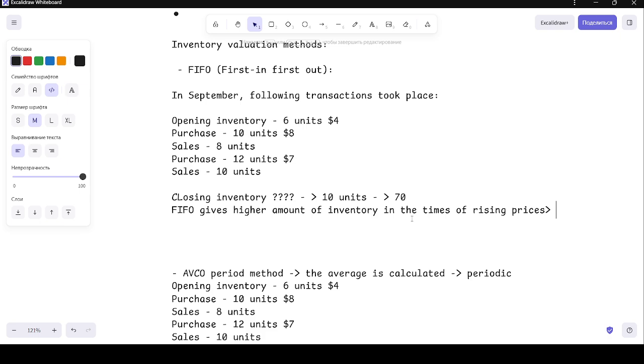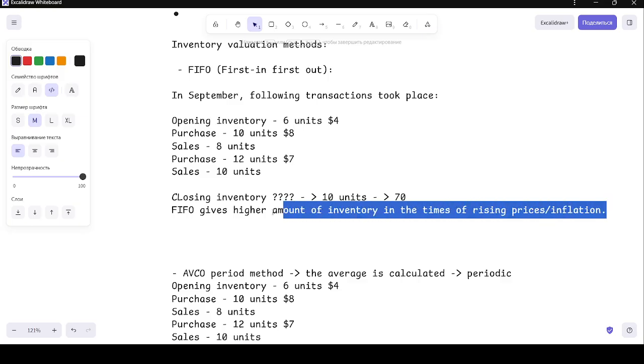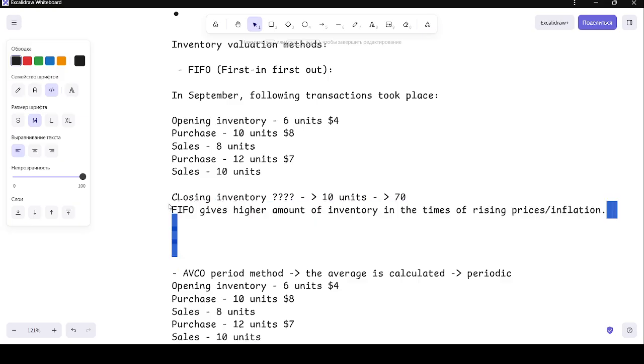Why? Because in this case our inventory is valued at our last purchase at a higher amount. That's why FIFO gives us a higher amount in times of rising prices or inflation. This will be asked from you in theory questions about inventory.